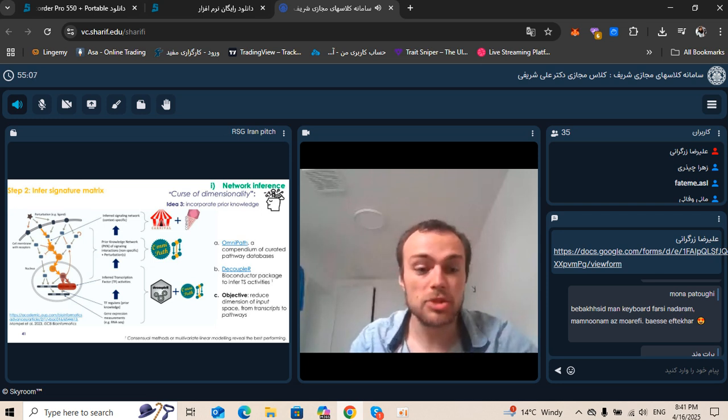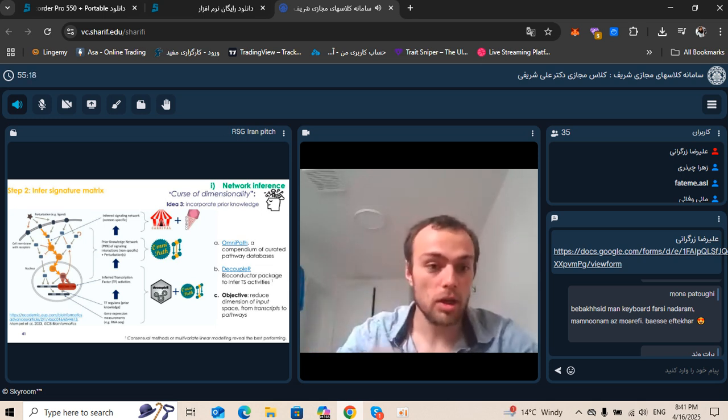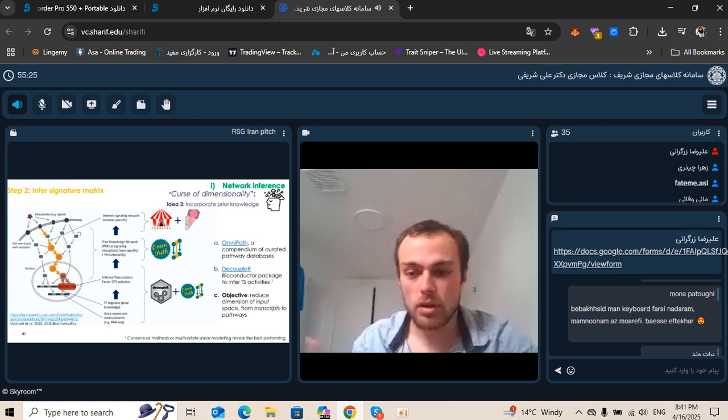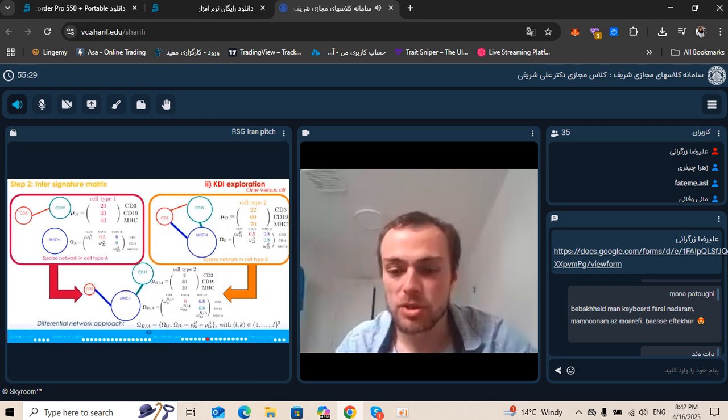And so I would say the objective here is to reduce the really high-dimensional input space, so the gene transcript space, by projecting it to a much reduced one at the pathway level, and the pathway level will be characterized by the transcription factor activity score. Okay, so these are three ideas. I did only integrate the first one for the moment so far.